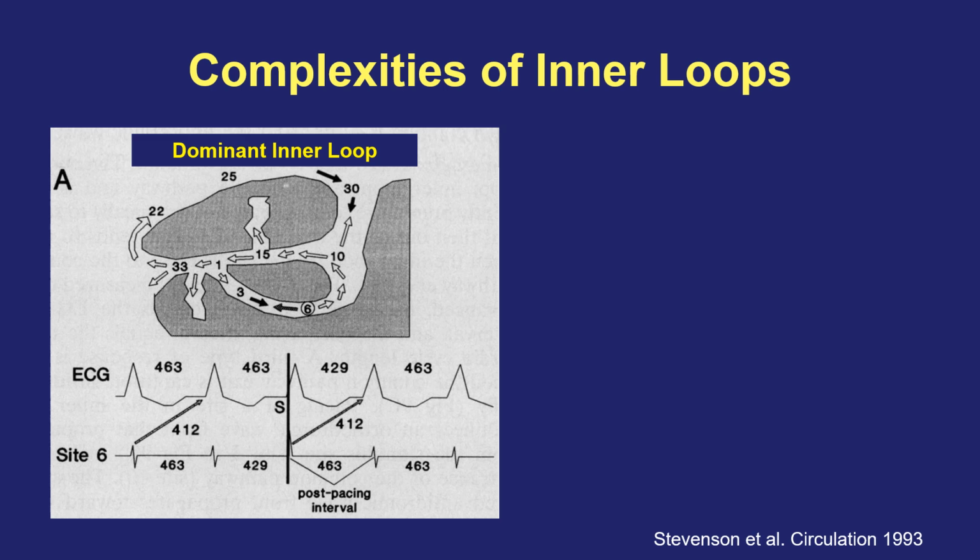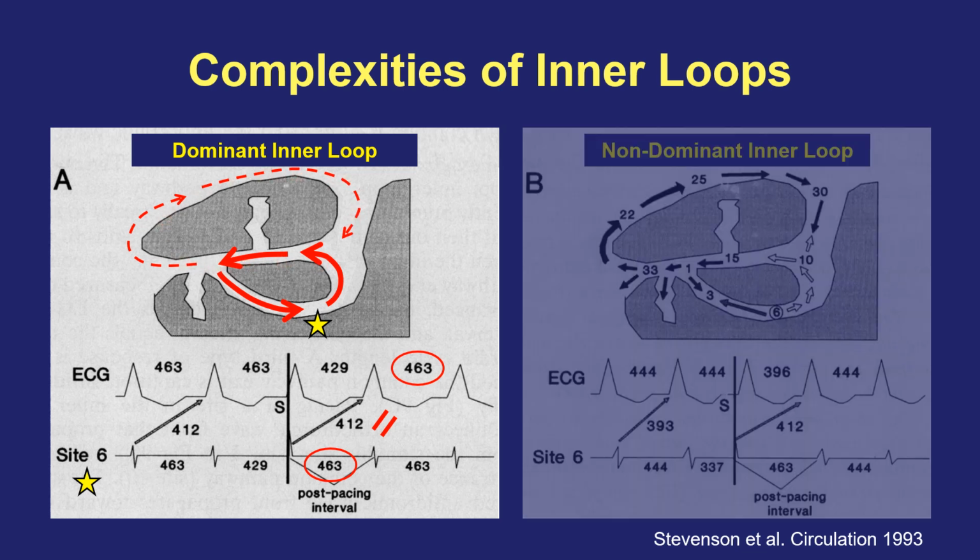And they showed here that pacing from that site resulted in a post-pacing interval from stim to electrogram in that same site. It was the same as the VT cycle length, so you're in the circuit. So here is the situation where you have this dominant inner loop, right, versus a passive outer loop. That's one scenario with this anatomy.